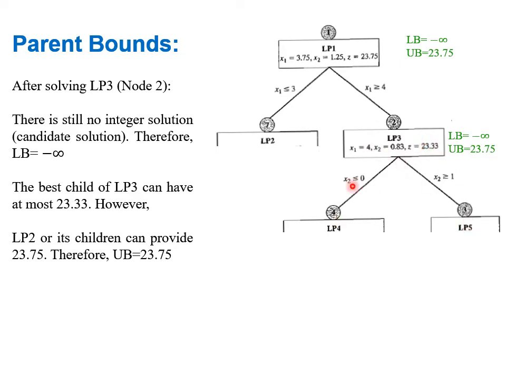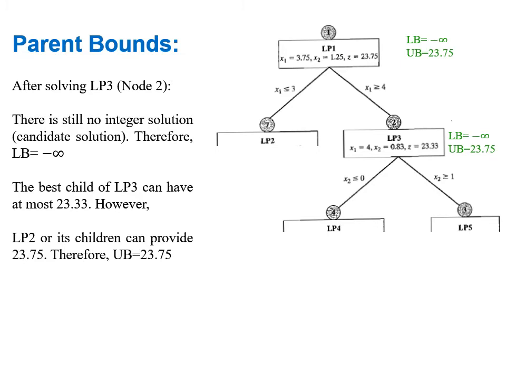We will explore it, we will branch it, and the maximum possible value that we can get from this side of the branch and bound tree is 23.33. And this is also another node that we didn't explore. The maximum possible value that we can obtain from this solution is given by its parent, 23.75.